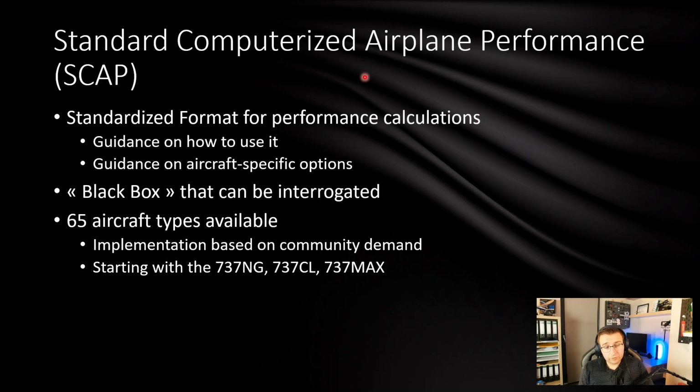And in the future, we're of course planning to add the 777, 747, the A320, most probably the 787 as well, and so on, depending on the demand. Once we are free to add more aircraft, I'll probably organize a poll, and you will vote for which aircraft you want next.